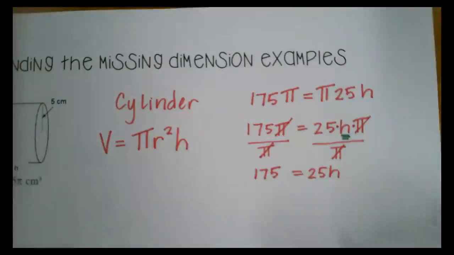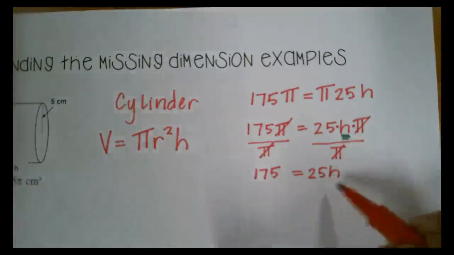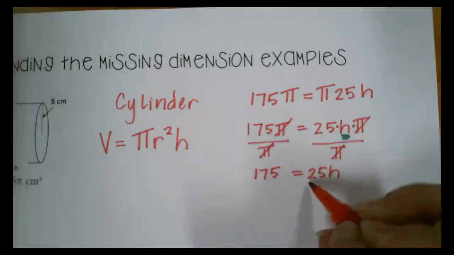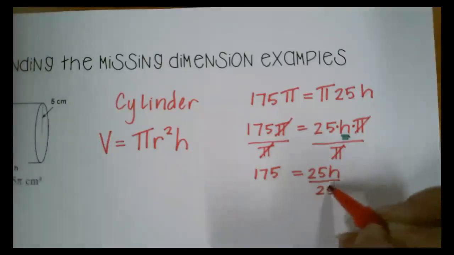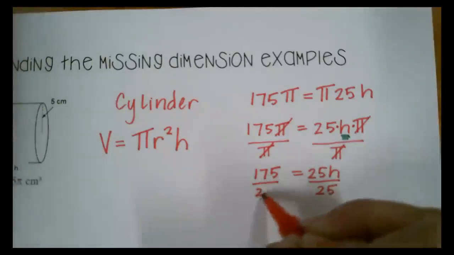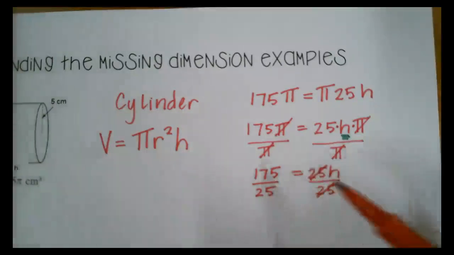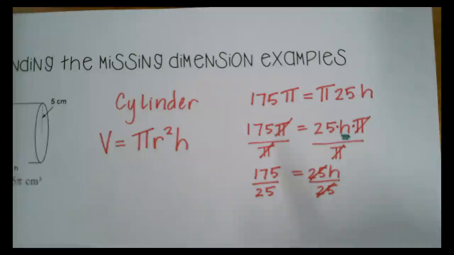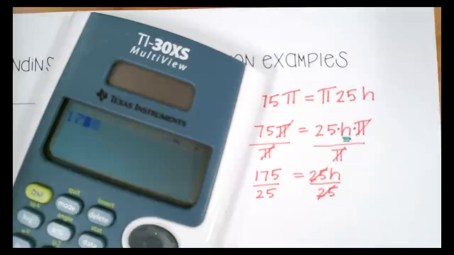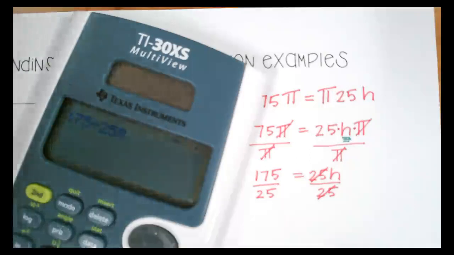Again, I'm trying to solve for the height. To get h by itself, now I need to divide both sides by 25. So I'm going to grab my calculator and say 175 divided by 25.